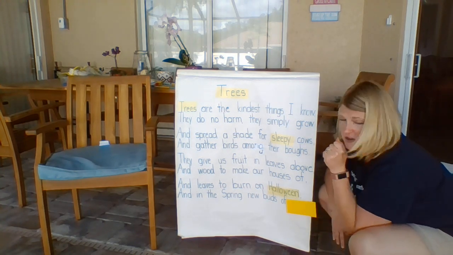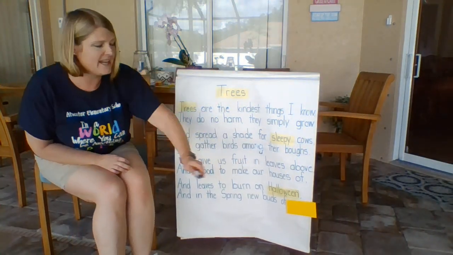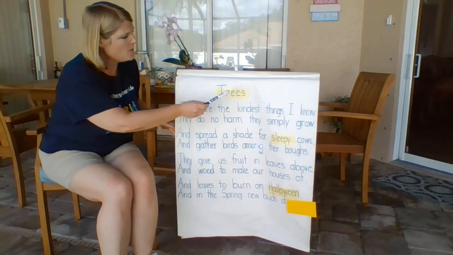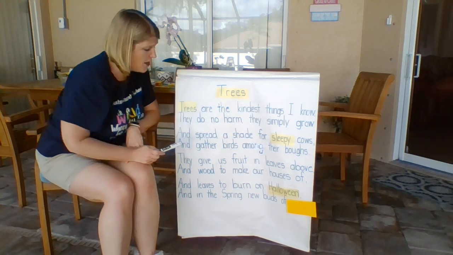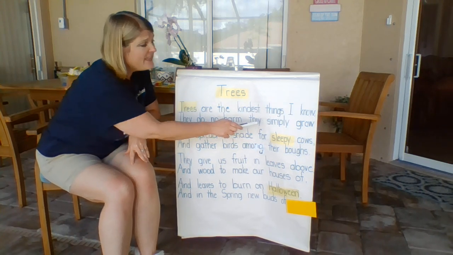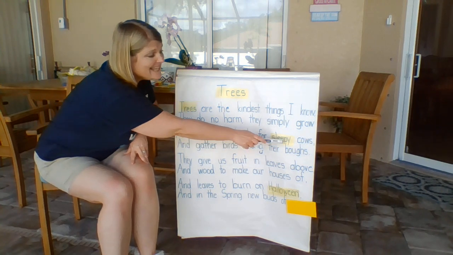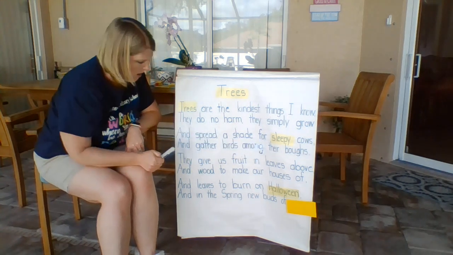All right, let's go to our last word here. We're going to read the whole poem again until we get to that last word, and we're going to pause and figure it out. Here we go. Trees. Trees are the kindest things I know. They do no harm. They simply grow and spread a shade for sleepy cows and gather birds among their boughs.